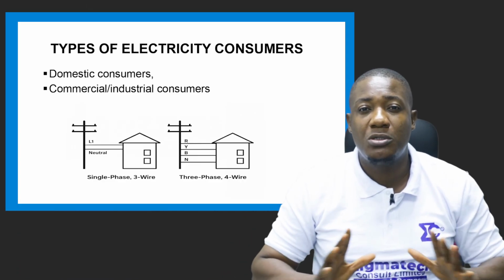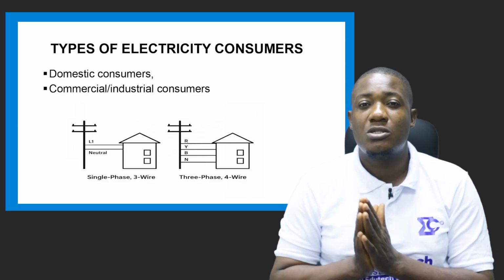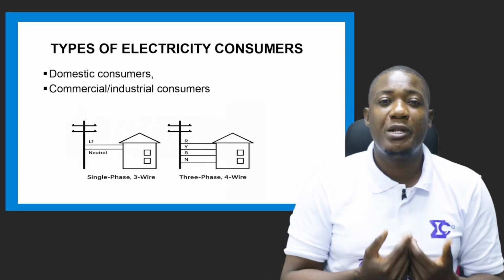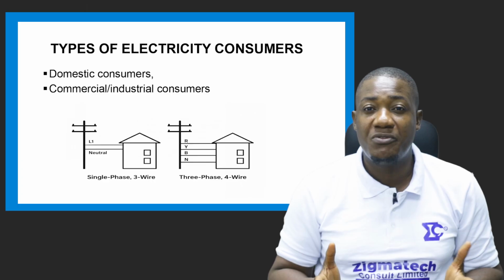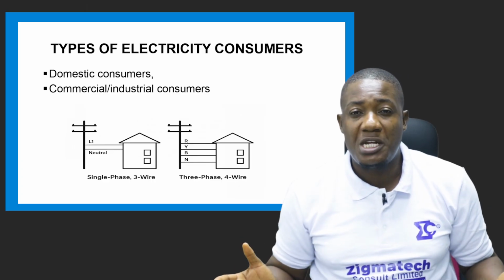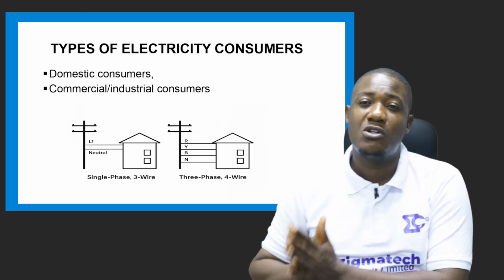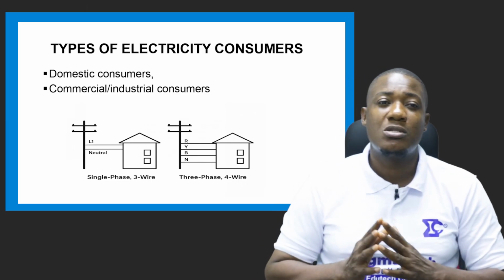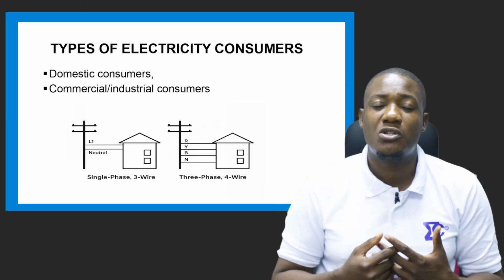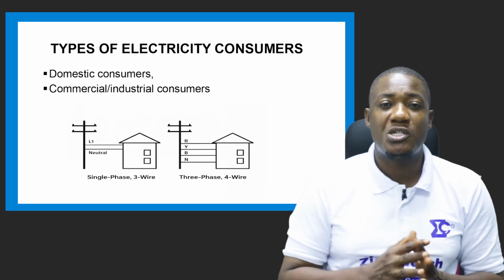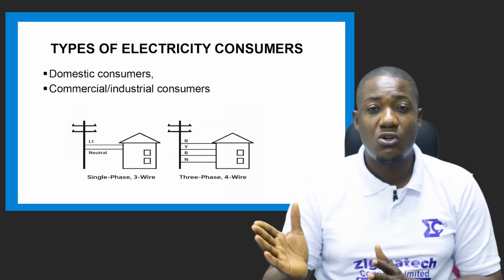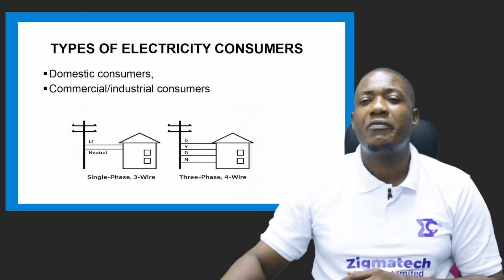Just for normal domestic uses, charge their phones, play radio and watch television, plug in their washing machines. But we have industrial or commercial uses, those that use it to power their production plants and machines and all of that. And they consume more and they pay more for electricity.